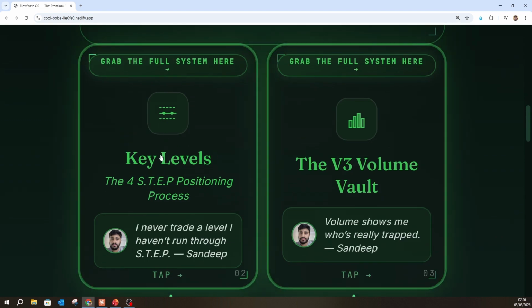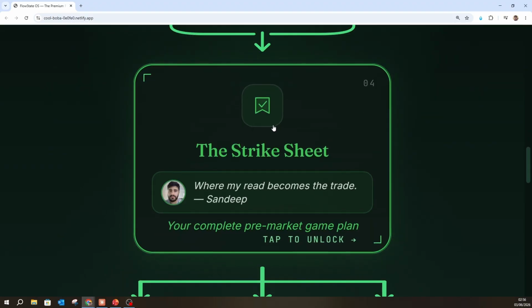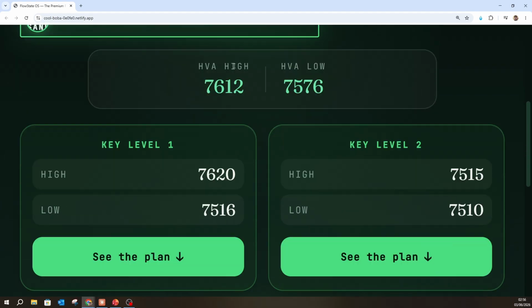Once you've gone through the key levels and the V3 volume vault, we now have the strike sheet. The strike sheet gives you very important information for that session. Here is what it breaks down. It's giving you the high volume area high and the high volume area low based off the numbers you gave it.